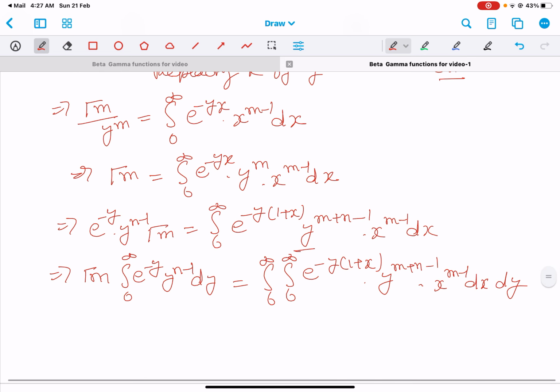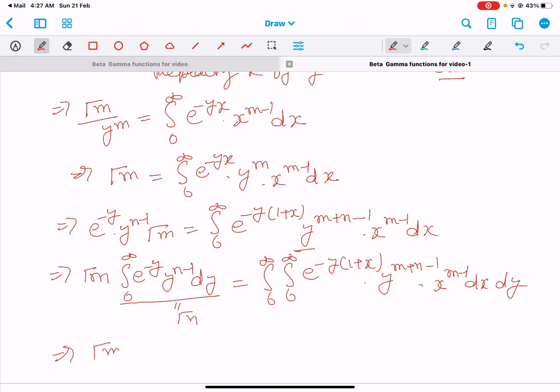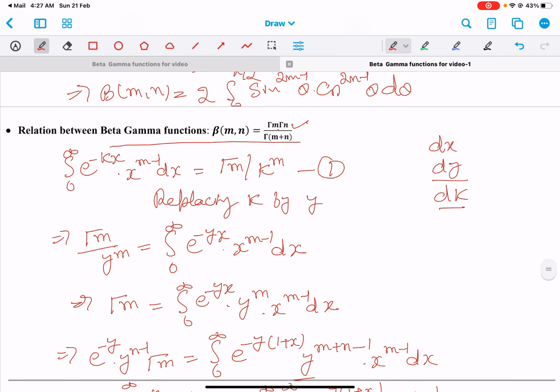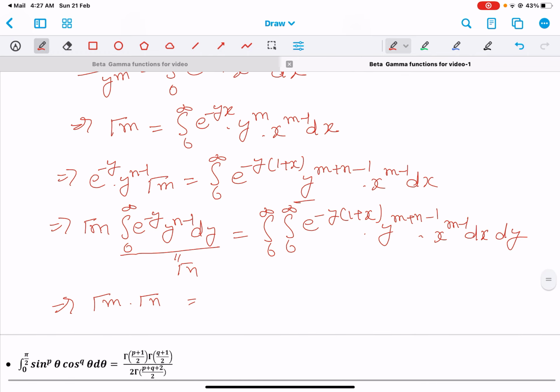And you may see that this is nothing but gamma n. So you may rewrite this expression as gamma m into gamma n. I just told you that I am trying to make gamma m into gamma n in the numerator.